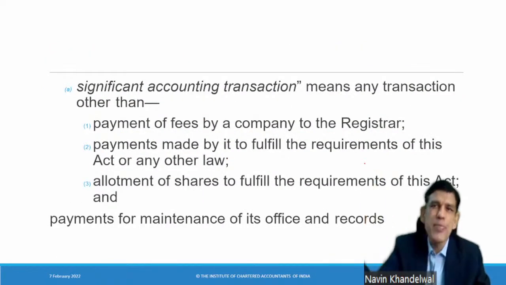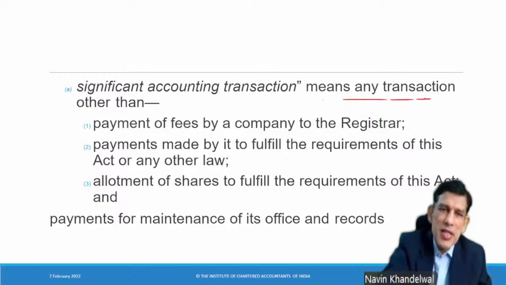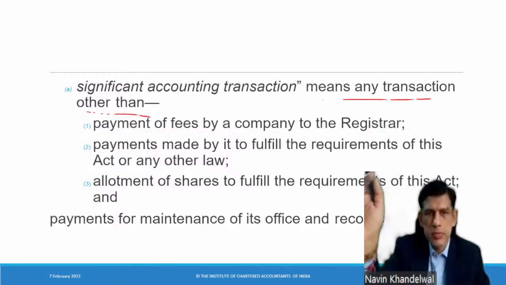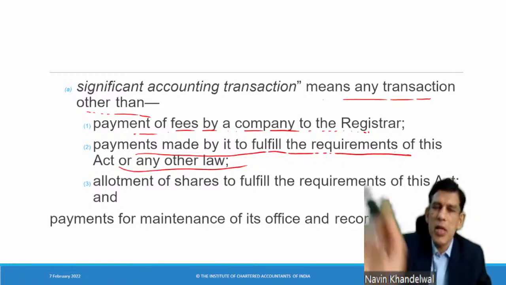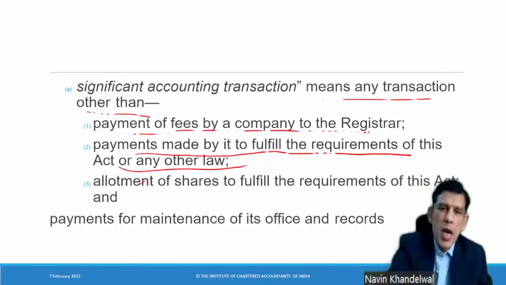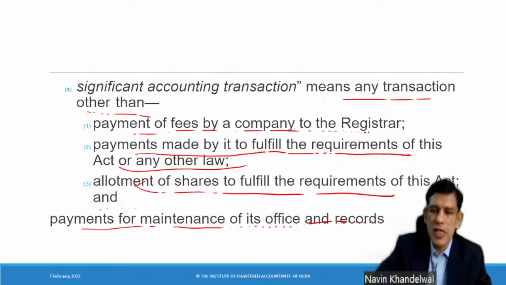Now, what does SAT mean? It means any transaction other than payment of fees by the company to ROC, payment made by it to fulfill the requirement of this Act or any other law, allotment of shares to fulfill the requirement of this Act, and payment for maintenance of its office and record.